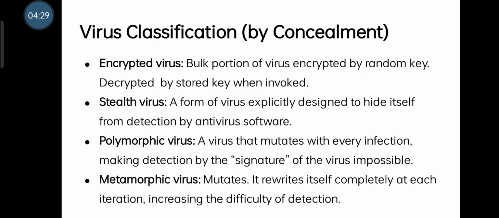Stealth viruses cannot be detected even by the antivirus software itself. A polymorphic virus mutates with each detection. That means it will change its signature and transform its formation. A metamorphic virus rewrites itself completely at each iteration, increasing the difficulty of detection.